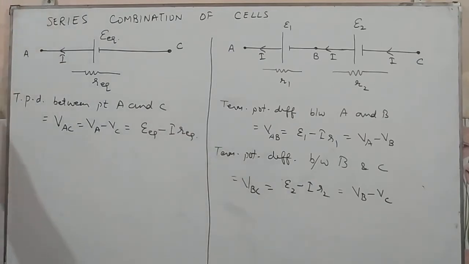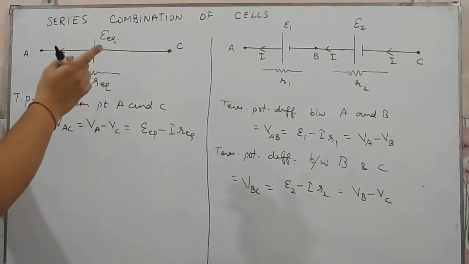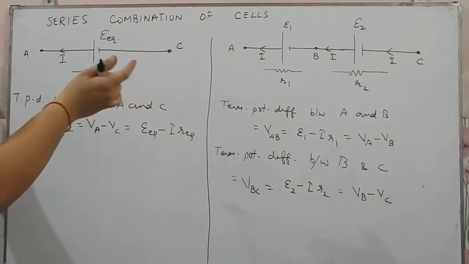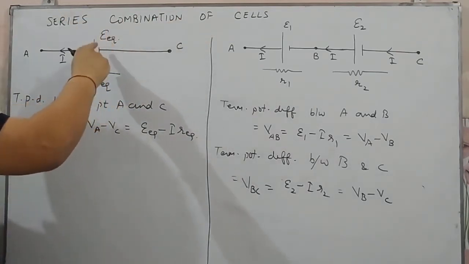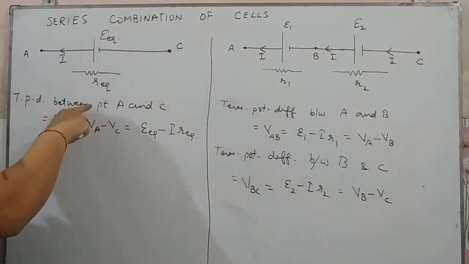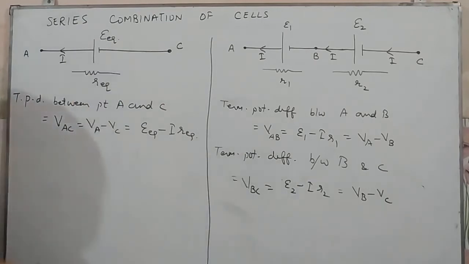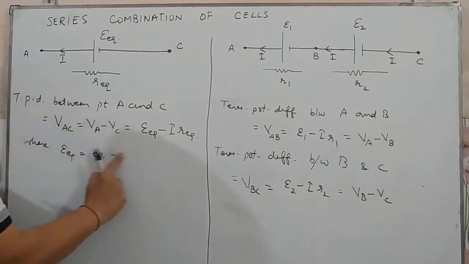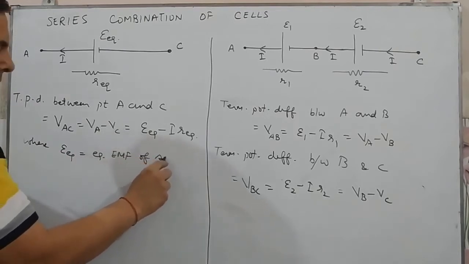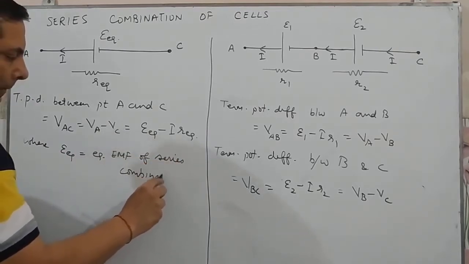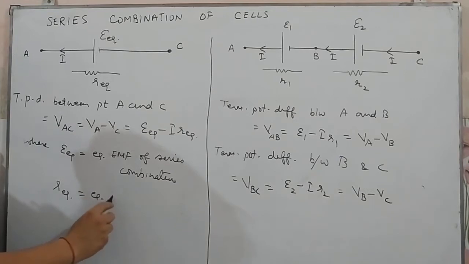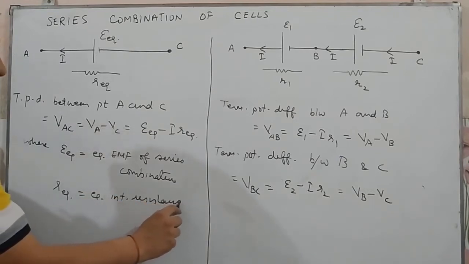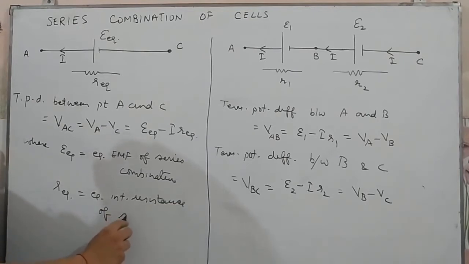Here E equivalent is the equivalent EMF of the series combination of cells that replaces these two cells, and R equivalent is the equivalent internal resistance of the series combination.